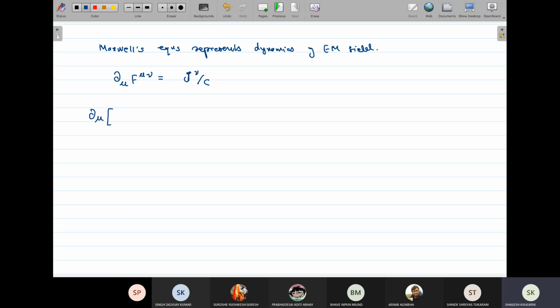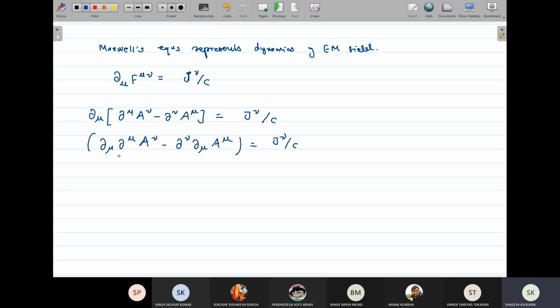So del mu, I will use the explicit form for F mu nu: del mu (del mu A nu minus del nu A mu) equal to J nu by c. Look at the first term, del mu del mu A nu minus del mu del nu A mu, equal to J nu by c.